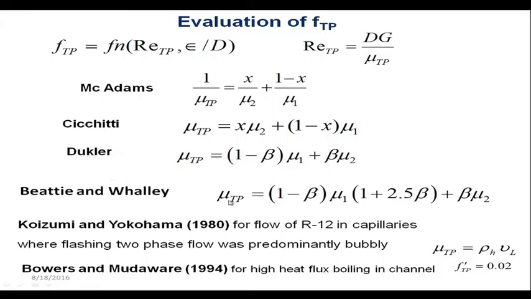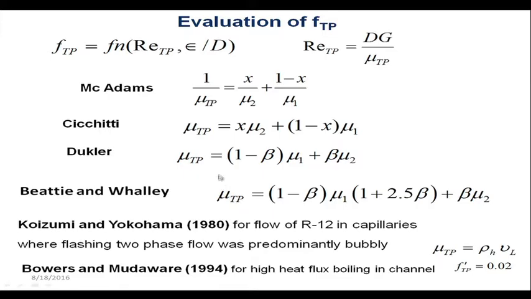If you observe the two expressions, you can understand that for the same flow rates, the Beatty and Wallis correlation will give a higher effective two phase viscosity as compared to the Duckler correlation. So, for any particular homogeneous mixture, the Beatty and Wallis correlation is going to give you a consistently higher mu effective.